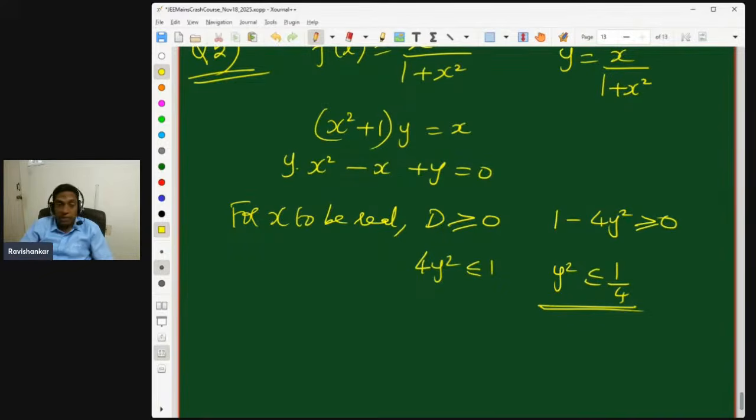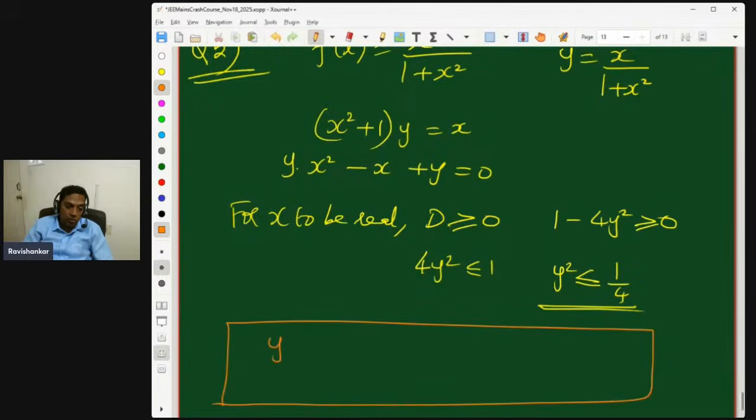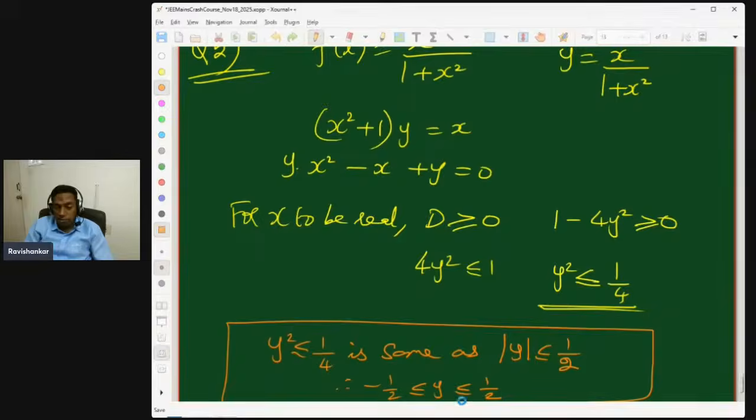By the way, this is the same as, okay, y squared less than or equal to 1 by 4 is same as mod y less than or equal to half. Therefore, minus half less than or equal to y less than or equal to half.